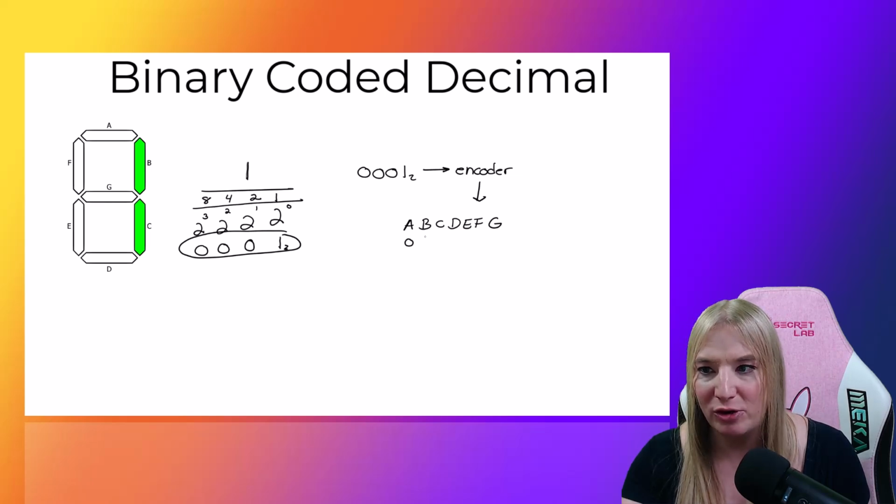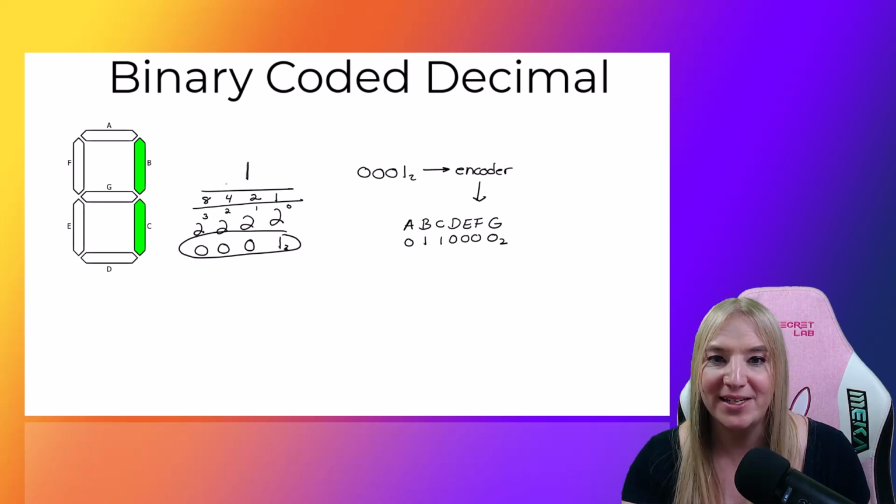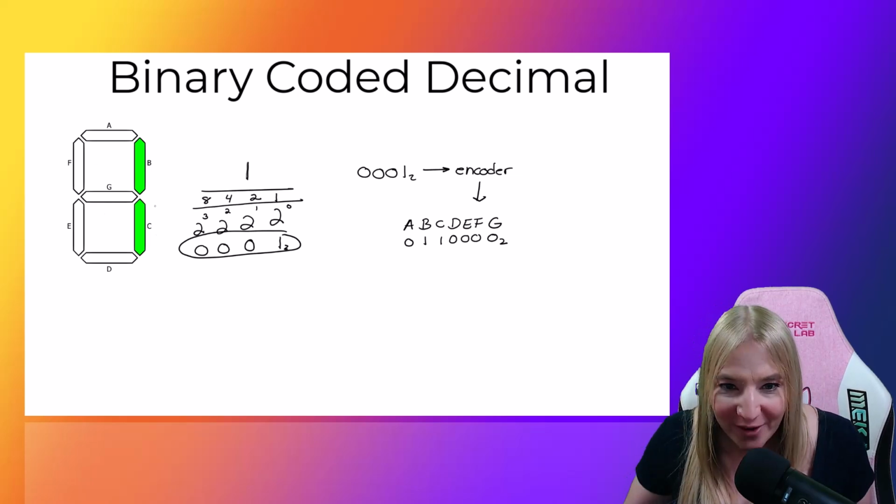The B is turned on, that's going to be a 1. The C is turned on. The D and all the other characters are turned off, so the remaining characters will be 0s. So what this means is whenever these 4 bits go into the encoder, it's basically going to output these bits here, this 0, 1, 1, 0, 0, 0, 0, and that's going to tell these segments to operate just like what you see here. Pretty cool, isn't it?